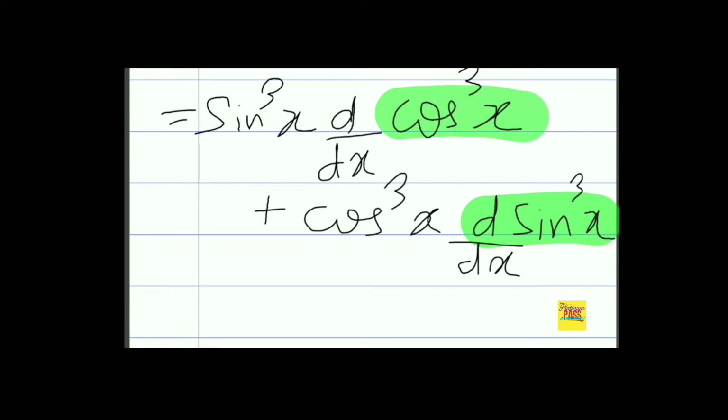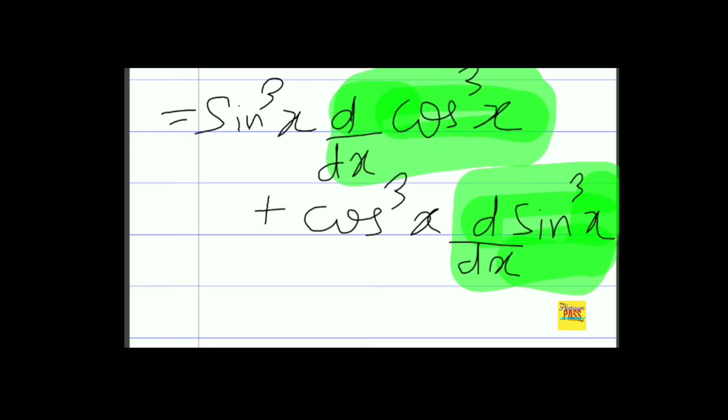So now we have to separate this one and this one. I will separately solve these two, the differentiation of cos cube x and the differentiation of sin cube x.